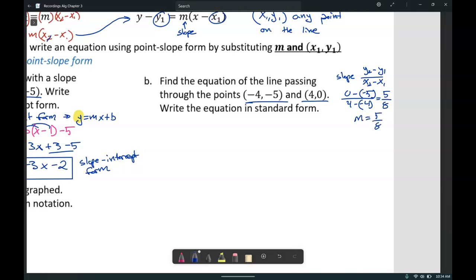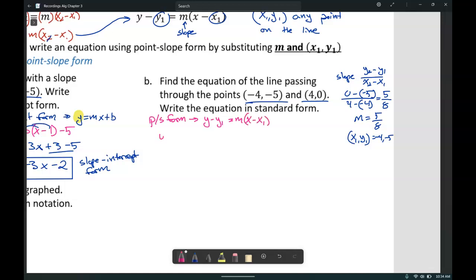And then we can use either point for our point-slope form. So let's just use negative 4, negative 5 for x1 and y1. You could also use 4, 0, and the math will actually be a little bit easier. So let me do the hard version. I challenge you to try with the point 4, 0 on your own and see if you get the same solution. So again, our starting point is going to be point-slope form: y minus y1 equals m times x minus x1.